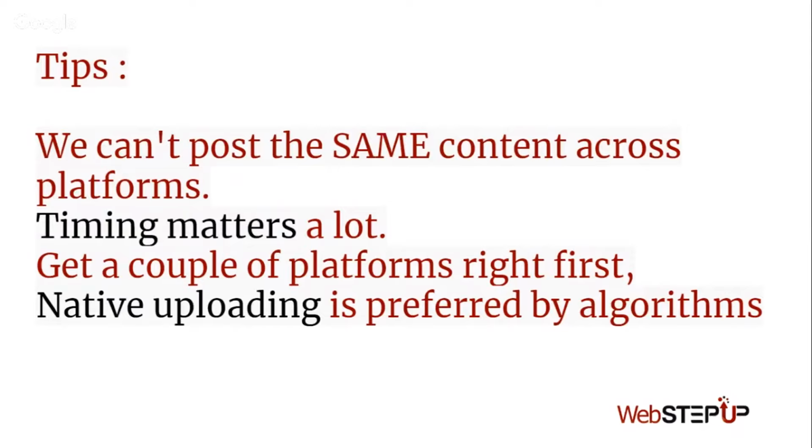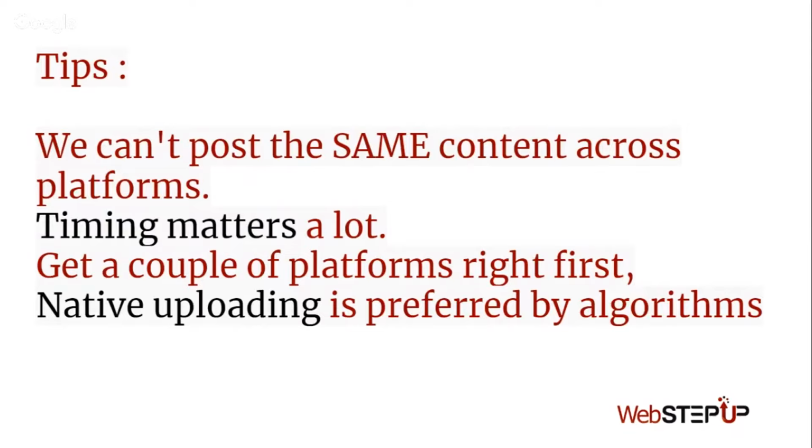So it makes sense to just focus on a few, say Facebook and LinkedIn, for example, and then move on to the other platforms. Of course, the choice depends on your category and your business, right? But essentially, try and get a couple of platforms right.